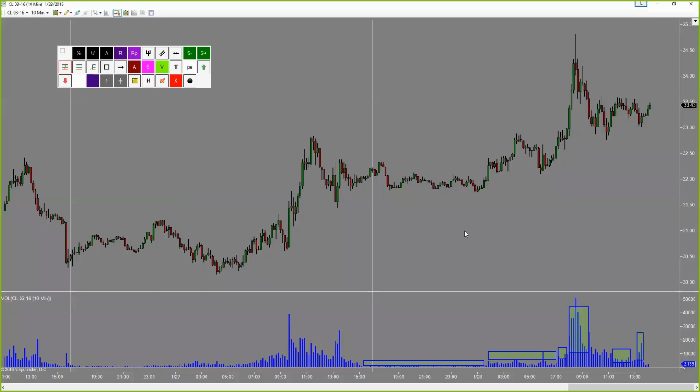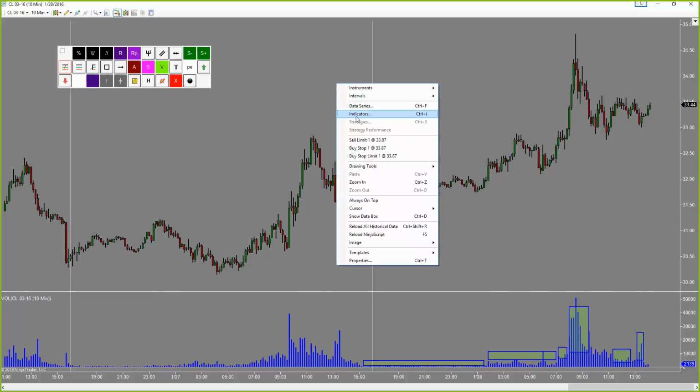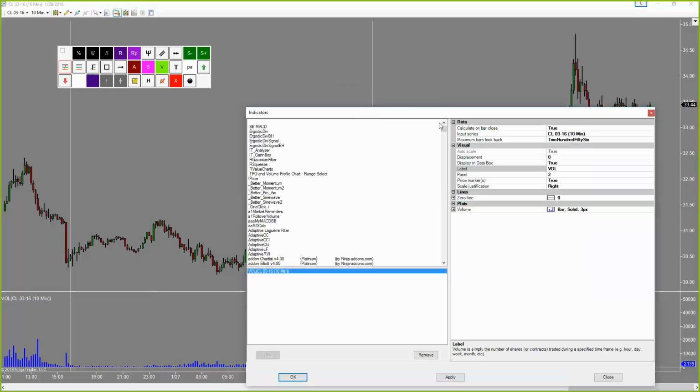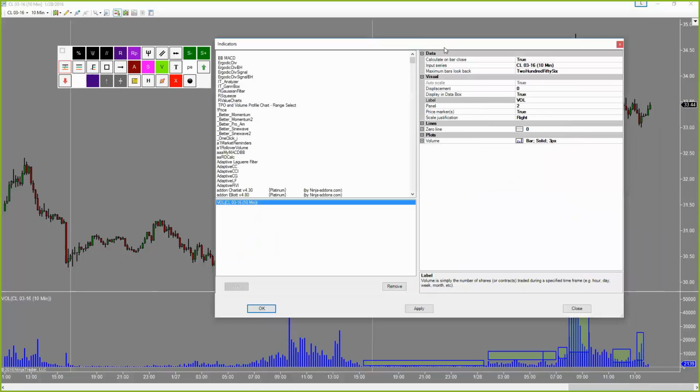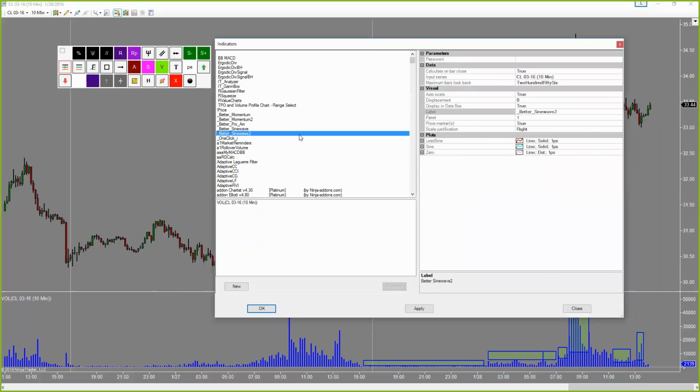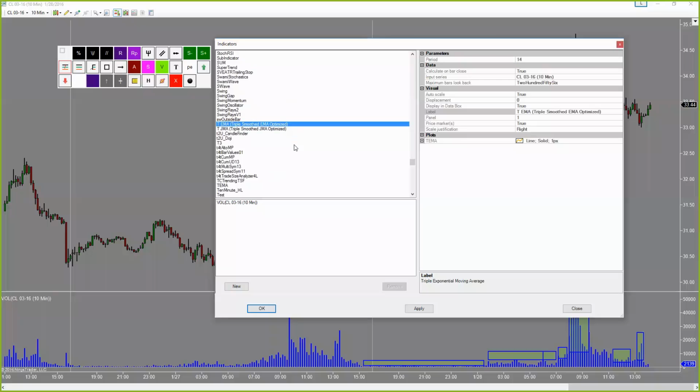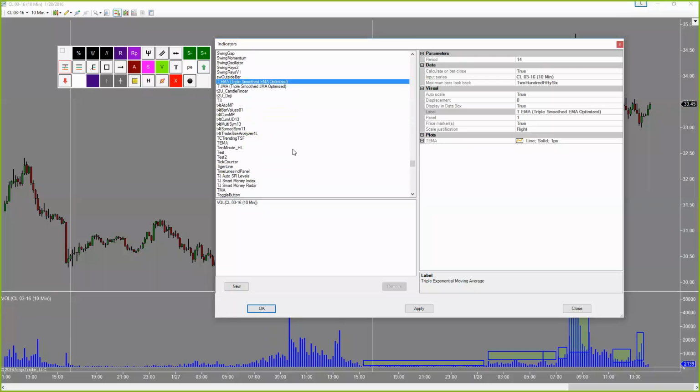So what we've done is we've kind of eliminated some of the seasonality and the variance simply by looking at volume per range. And the first guy to really write about that would have been Bill Williams.